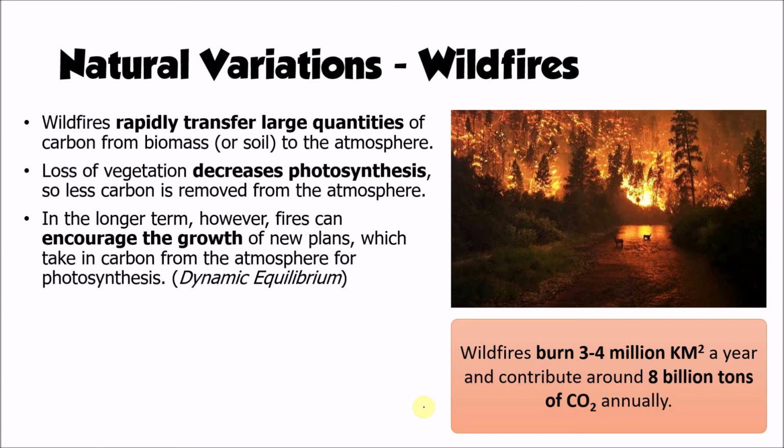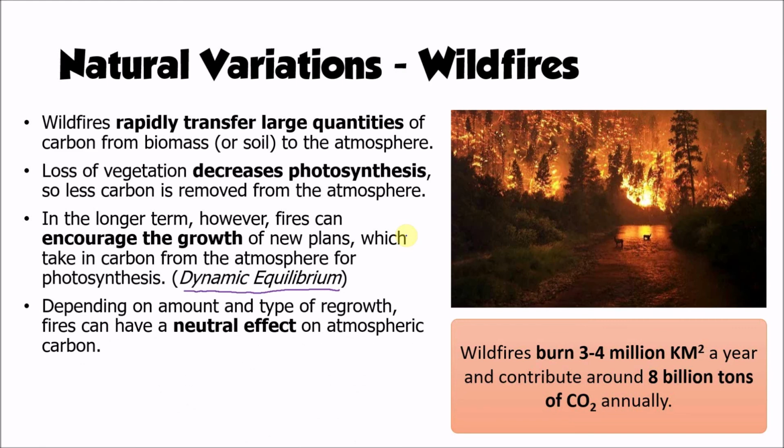So in the long term, wildfires have reached what we would call a dynamic equilibrium, whereby the carbon that is emitted by a fire is then subsequently reabsorbed by the new plant growth that is stimulated as a result of that fire.